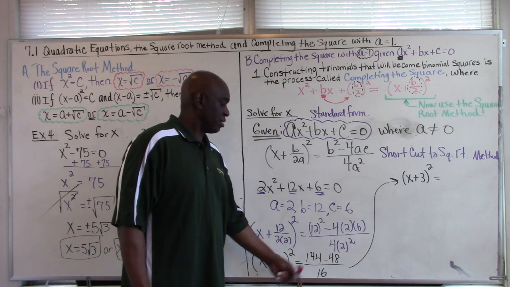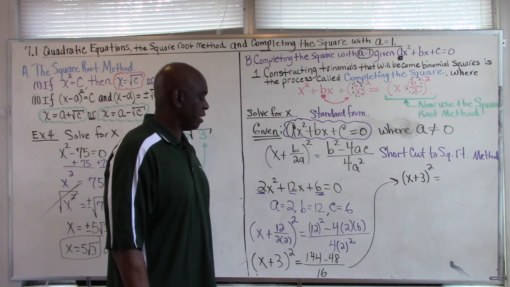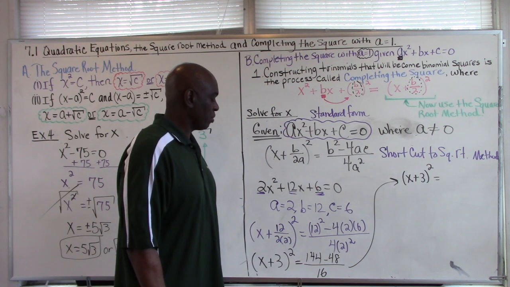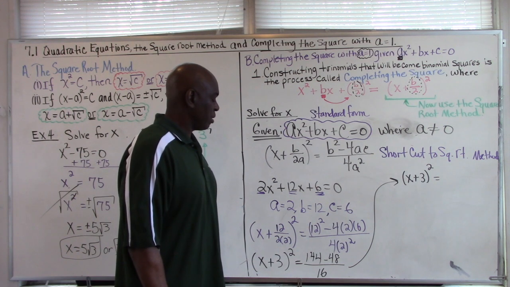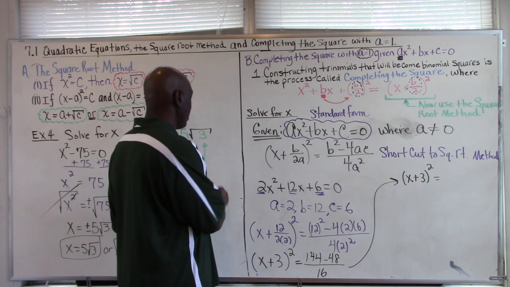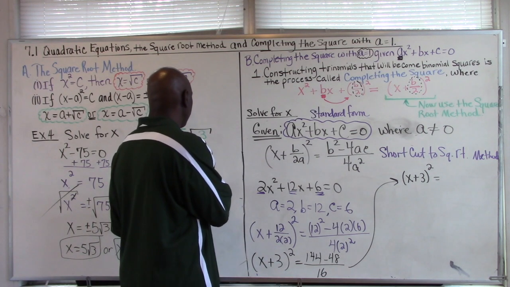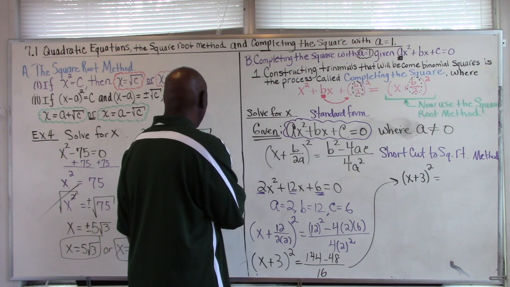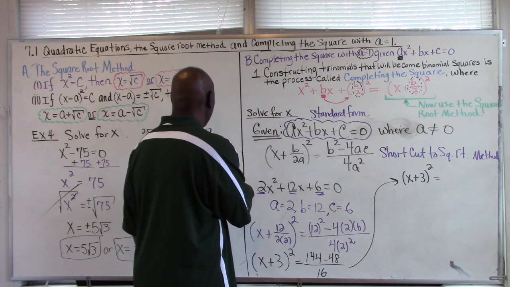How many times does 16 go into 144? Let's try maybe 6 times. 6, carry a 3. No, let's try 9 times maybe. 16 times 9 gives me 4, carry a 5.